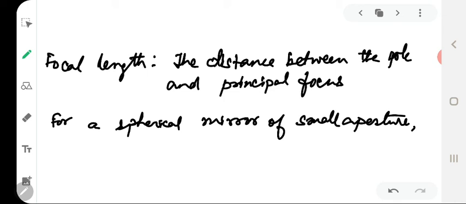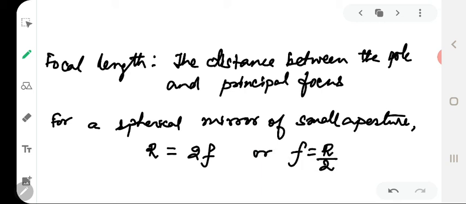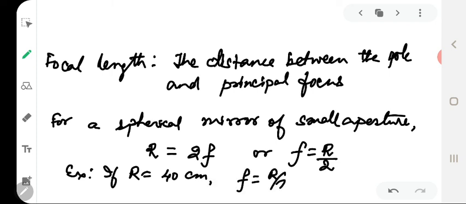It means that for a spherical mirror of small aperture, the radius of curvature is equal to twice its focal length, or we can write F equals R by 2. For example, if the radius of curvature of a mirror is 40 centimeter, then focal length will be equal to R by 2, that is 40 centimeter by 2, which is equal to 20 centimeter.